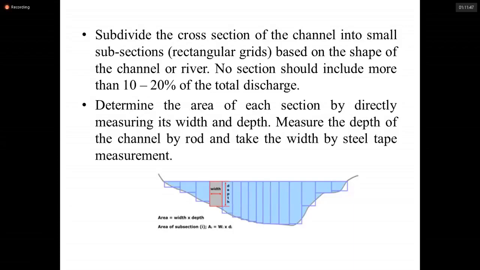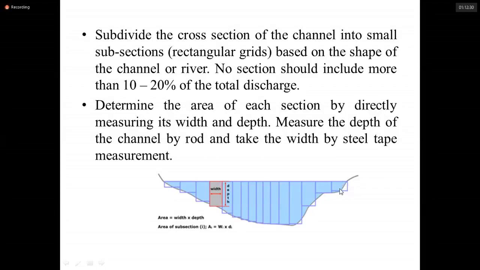In the middle section, the velocity is very high. So at that time, what will happen? Water is moving very fast. So for a particular time, the amount of water moving through the center point is very high. So we need to divide the center portion into very small sections compared to the side sections. Here you can see in the side area, the width is higher than the center portion.